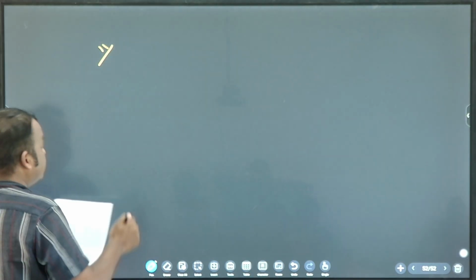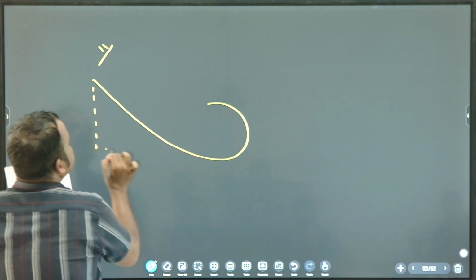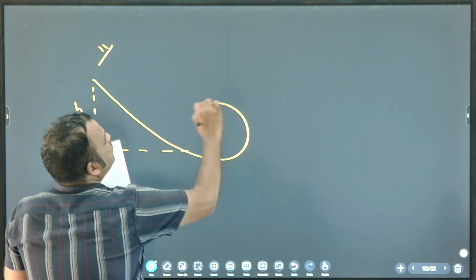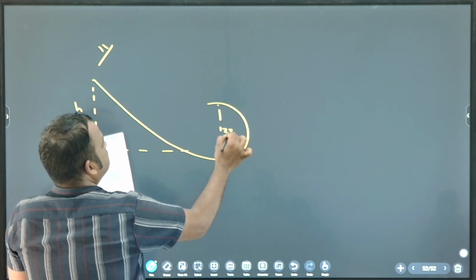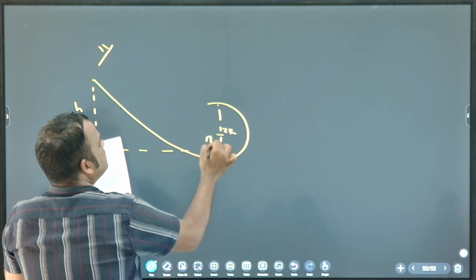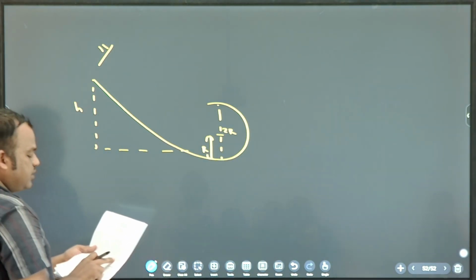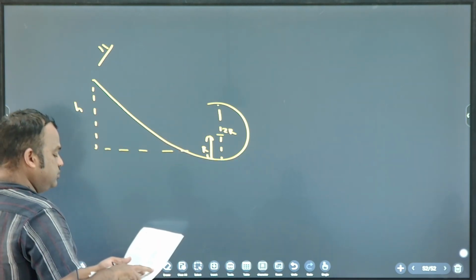Frictionless track. It is like this. From what height it is released, this height is given as h, and this is the circular loop. What is the diameter given? 2r, so the radius is r. A frictionless track ends in a circular loop of radius r.